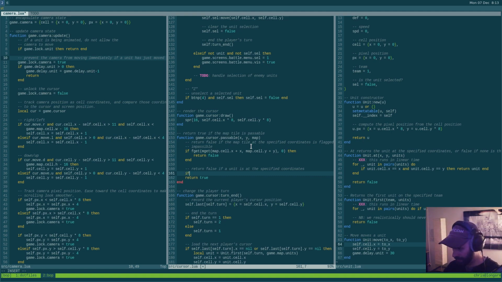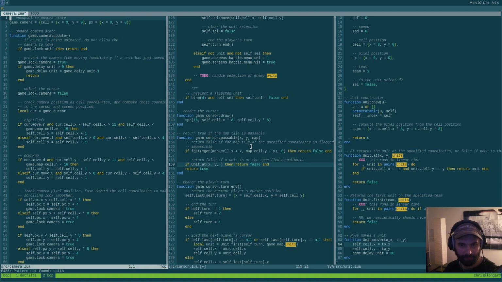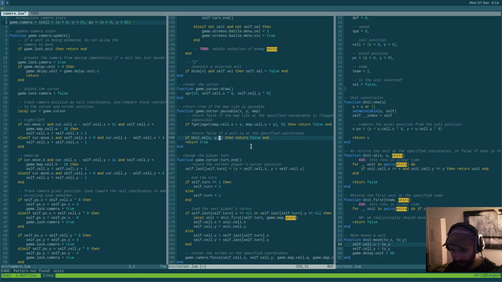If, what do we have, unit.at XY, game.map.units.